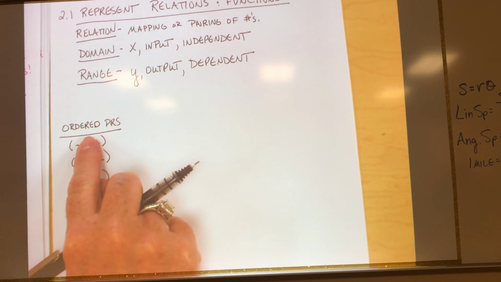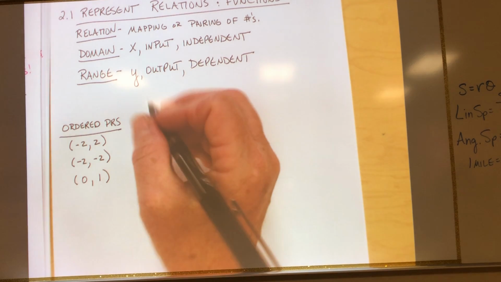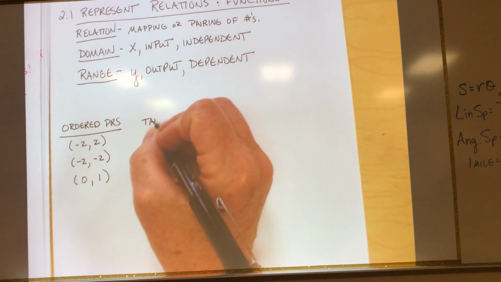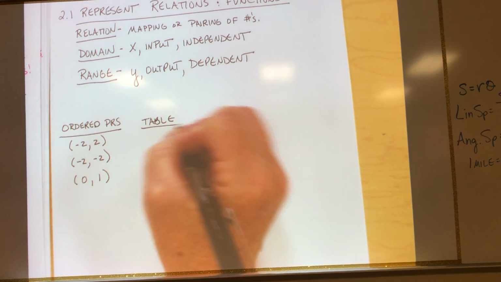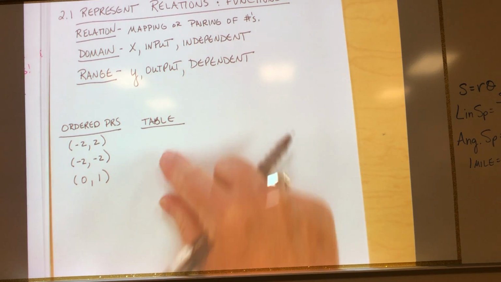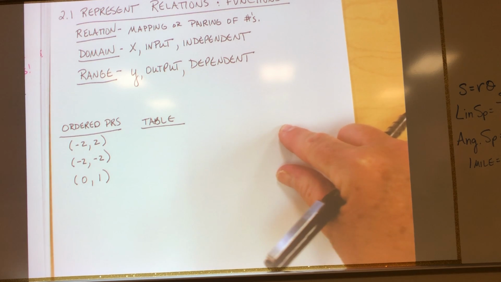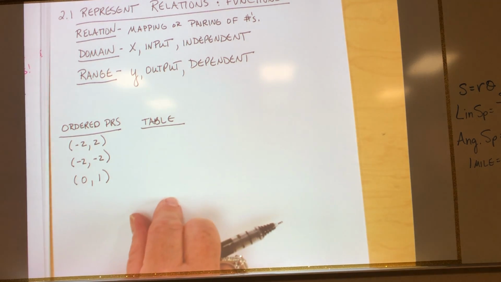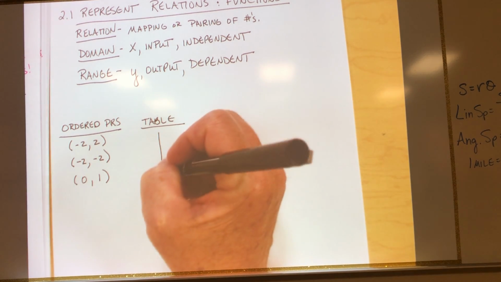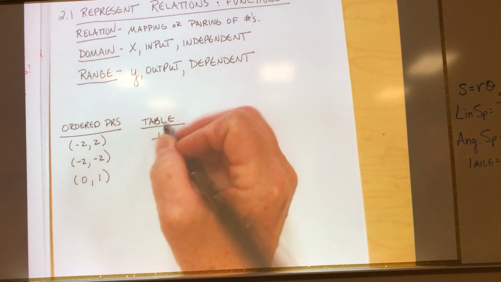Another way I could represent them is with a table. I'm going to call it a table, but I will say this. Generally, when you're talking about a table, it goes horizontally, all right? But I'm going to actually make mine vertical, and it's really what you would call a T-chart, right?